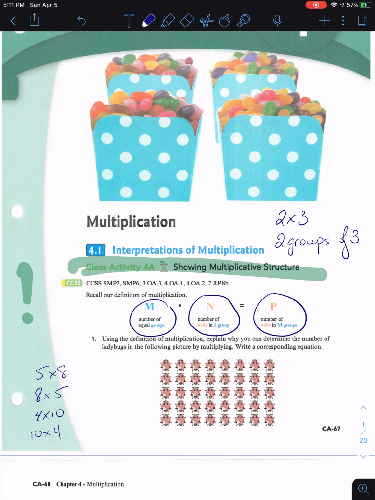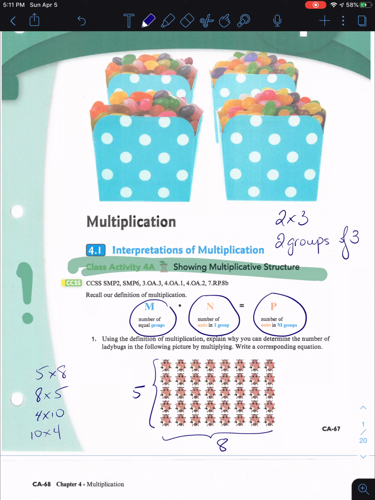Now, those who get very sticky about the order of the factors will also sometimes get sticky about which of the dimensions of this array, and this rectangular setup is called a rectangular array, represents which multiplication. I think we all agree that we have 5 rows of 8 columns.